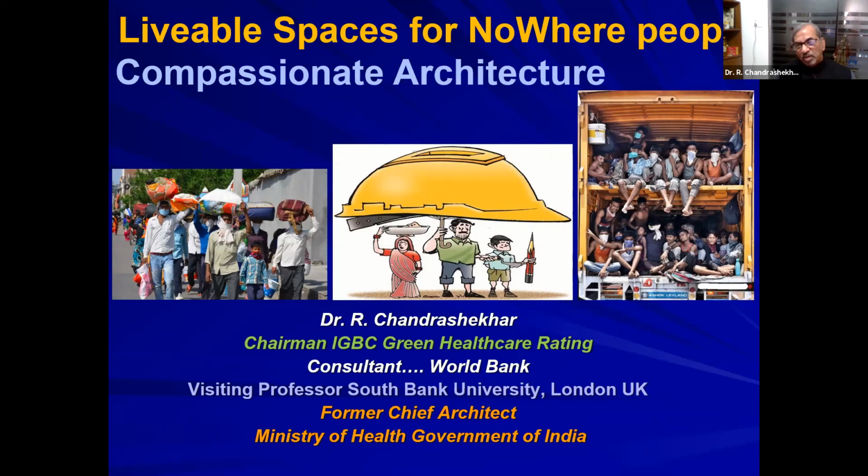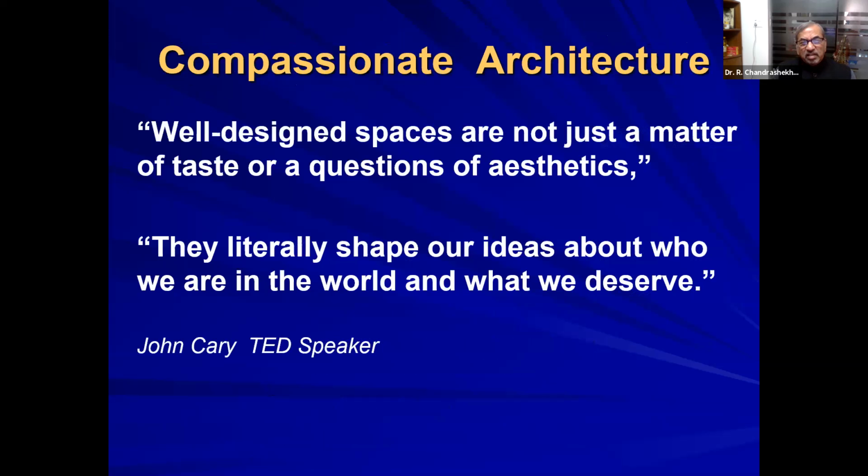See, compassionate architecture is a very special term. Generally we use the word compassionate in healthcare for geriatric care. Geriatric care means we design hospitals for elderly people, old age, where you need a compassionate approach in designing.